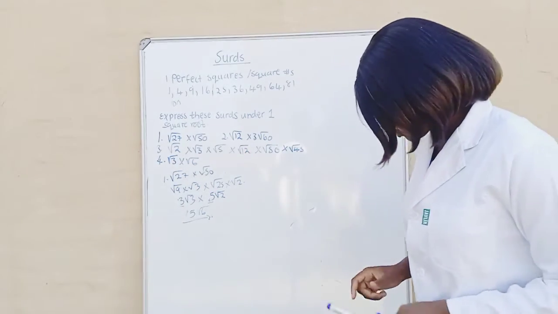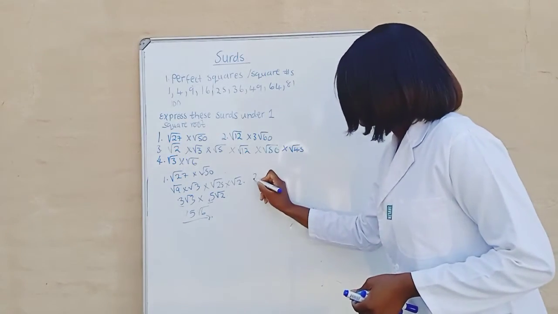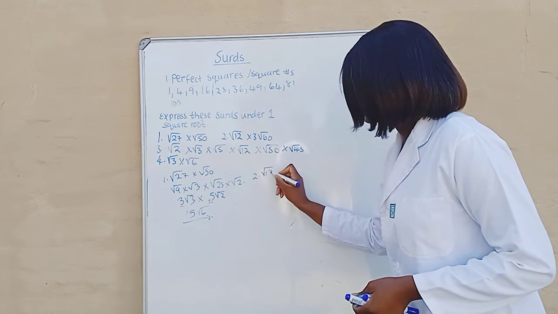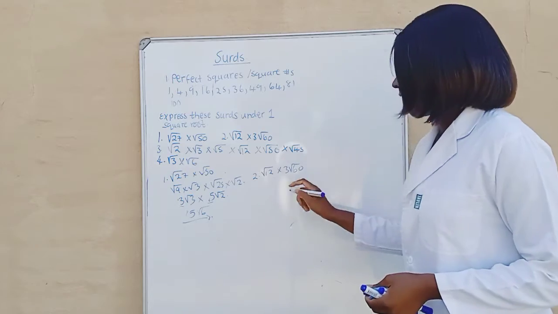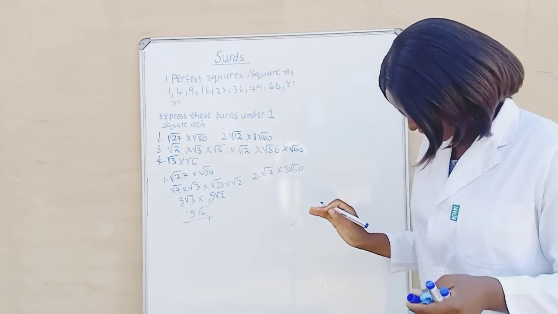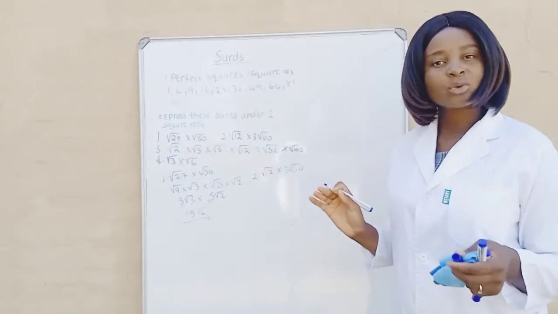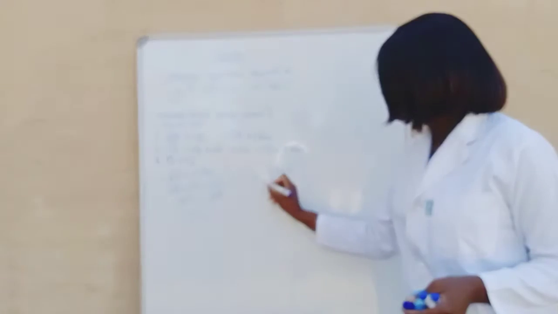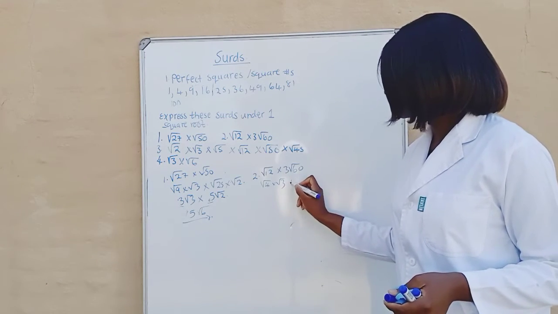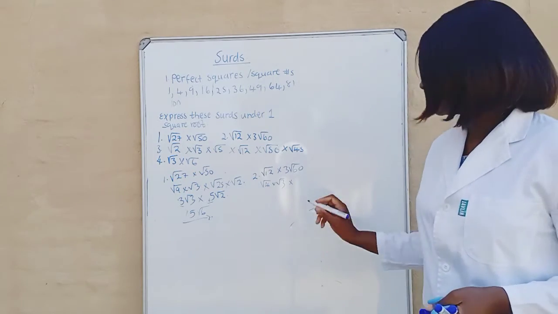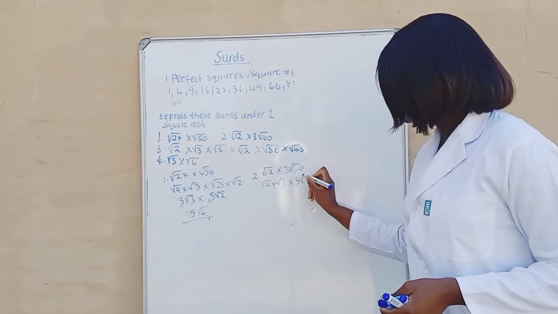What about number 2? Number 2, we have root 12 times 3 root 60. Okay? Root 12, let's simplify it individually. The square root of 12 is root 4 times root 3. And then the square root of 60.